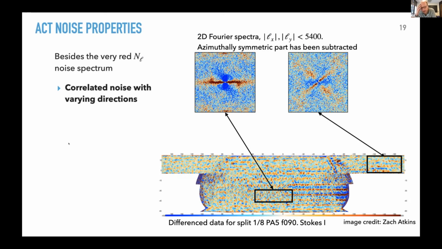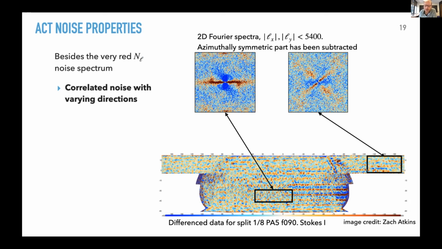That's due to the scan strategy mostly that we have. Here I show in the bottom right an estimate of our noise. So this is just basically two parts of the data differenced. So the signal mostly cancels and we're left with noise. Plus, by the way, some residual galaxy and some residual pickup, but we'll ignore that for now.